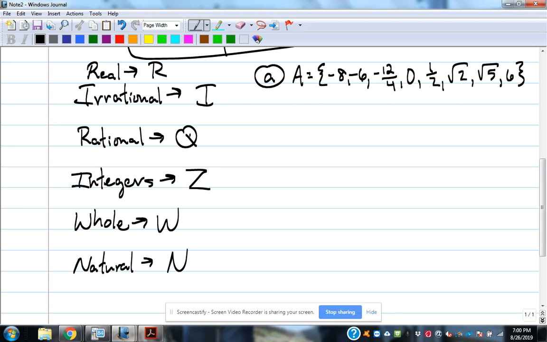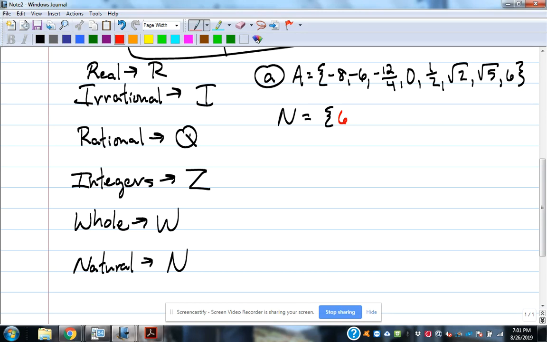We'll start with the natural numbers. What's the subset of that set of numbers that are natural? Six would be a natural number. Anything else?